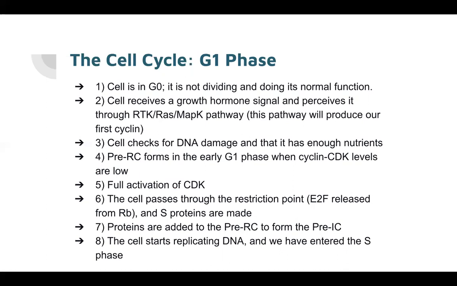But the important ones to understand are that the pre-RC forms before activation of CDK, and the activation of CDK is needed for the restriction point, and the pre-RC needs to come before CDK activation. Some stuff overlaps, but in general, I think this is a good study aid.